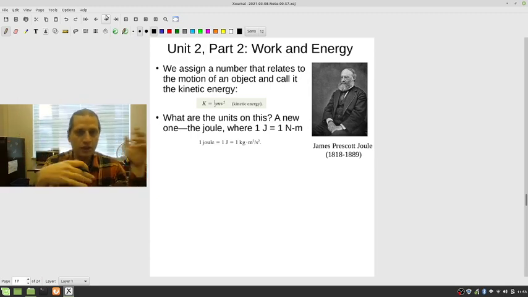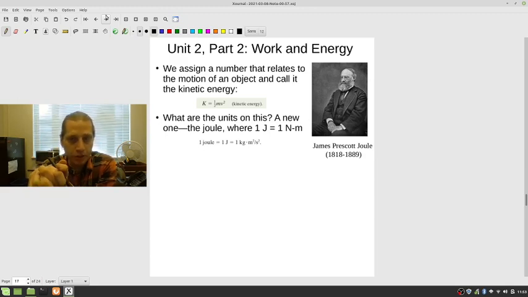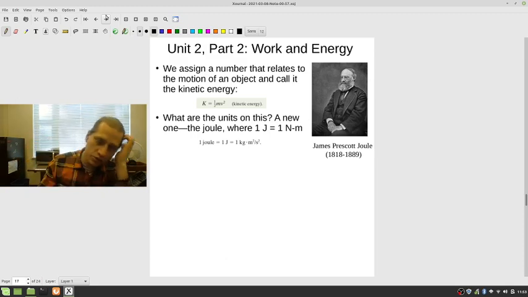Now what we've done at the end of Unit 2 is that we've kind of circled back and asked ourselves, what if instead of just describing everything with forces, we describe things with energy? And this energy has a new type of unit.